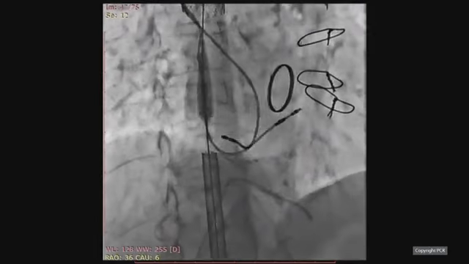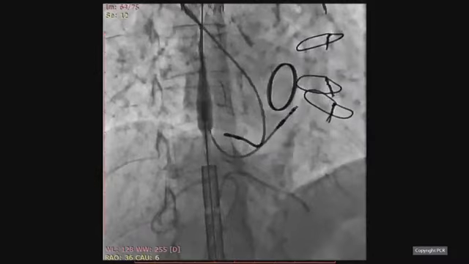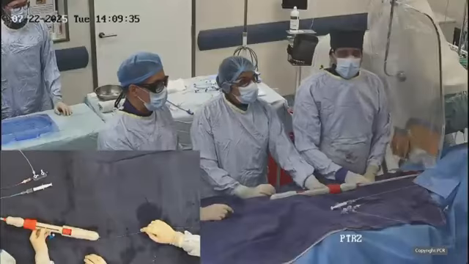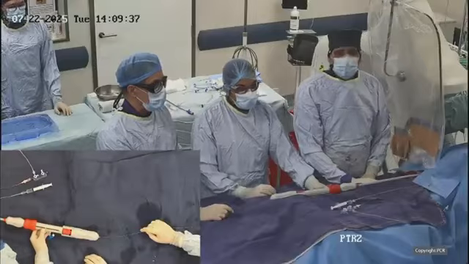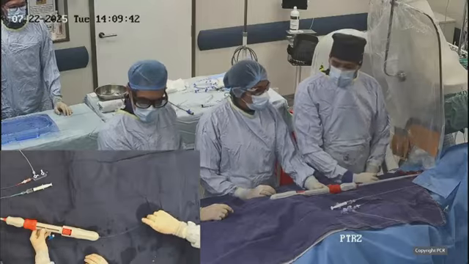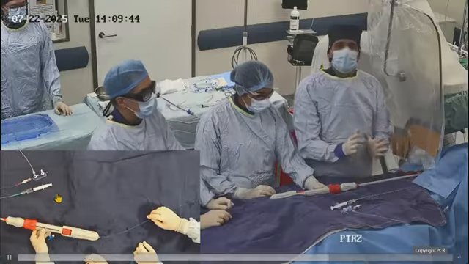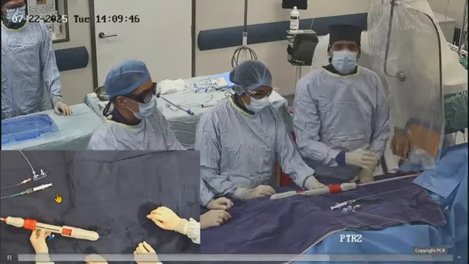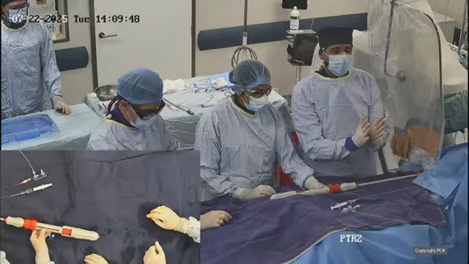At the beginning, when you have the valve inside the capsule, it is difficult to know exactly the height that you have inside the right atrium. So we have to release the valve somehow, let's say like 20%, and after flaring the valve, you start seeing it in echo.